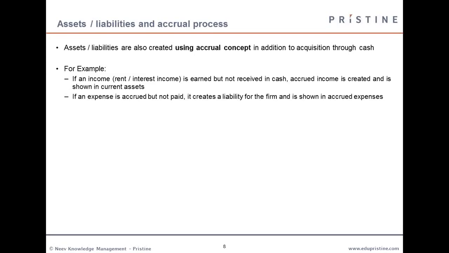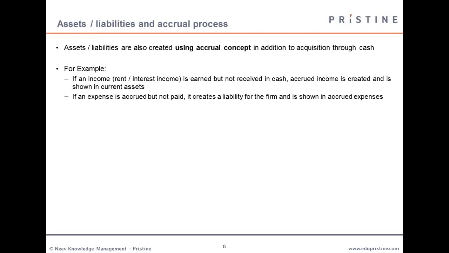For example, if you get an income, say rent or interest, which is earned but not yet received in cash, I have explained these in the last webinar. The basic idea here is that when the risk is transferred, we say the revenue is earned at that time, whether the cash is received or not.